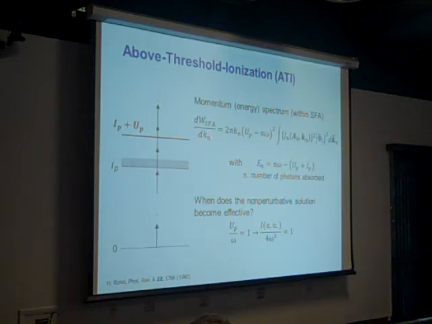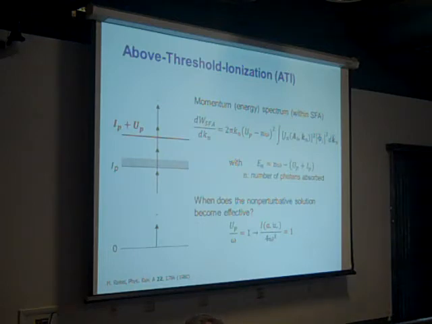This theory does not tell me anything about the n. It tells me only that to observe an ionization process, n times omega should be larger than the sum of these two terms. Otherwise I would end up below the continuum, and that would not make sense.